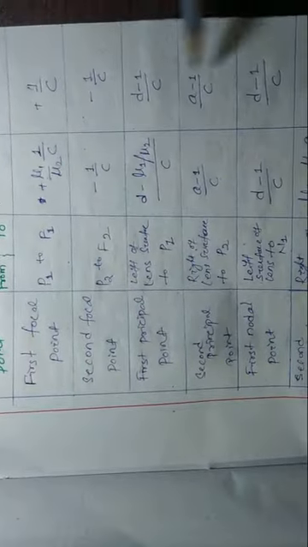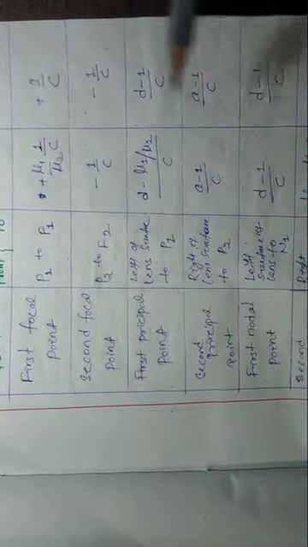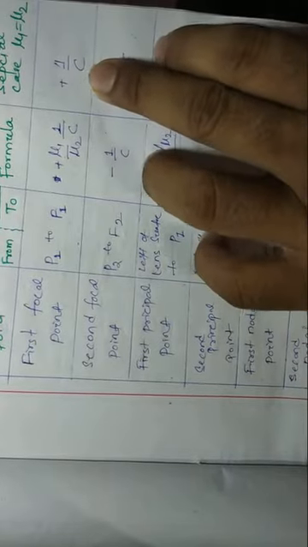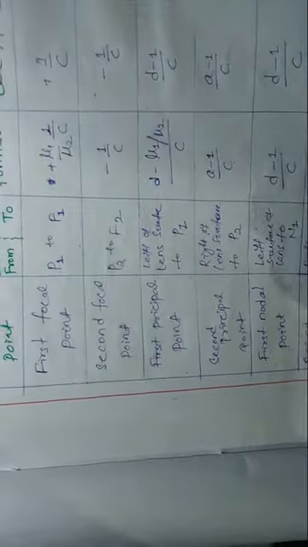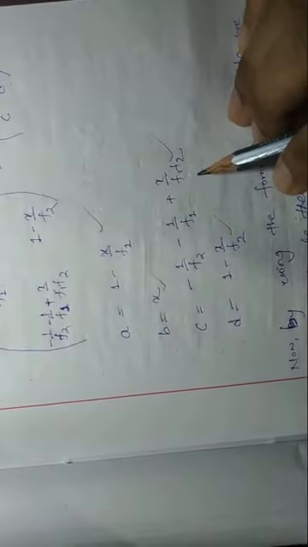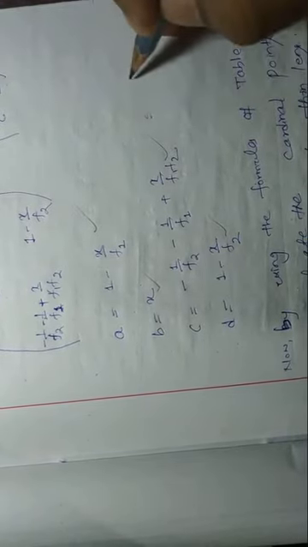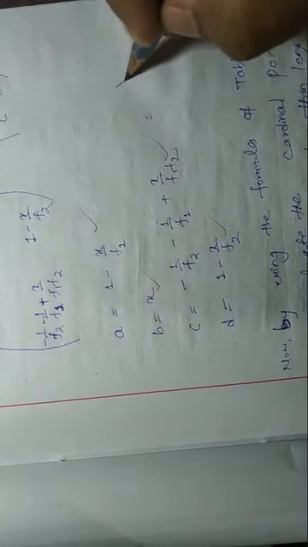After getting ABCD, we can easily find the six cardinal points using these formulas. Suppose we consider 1 by c. 1 by c is the first focal point of the two thin lenses, and we found this is the c. So the first focal point will be 1 by c.